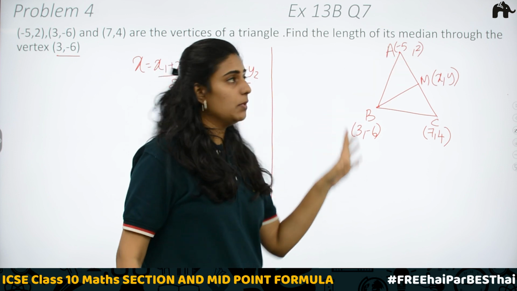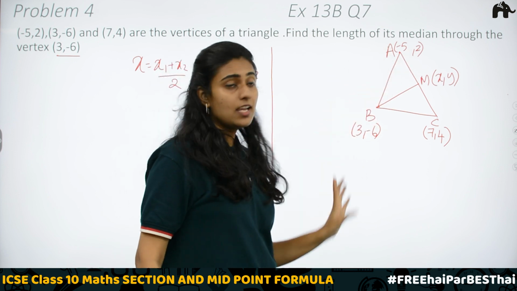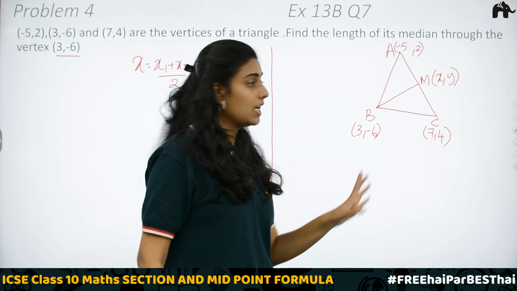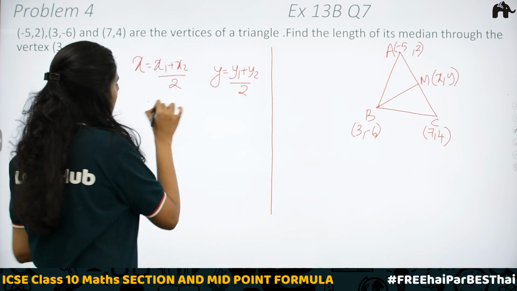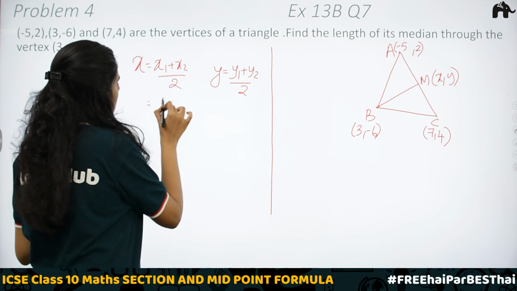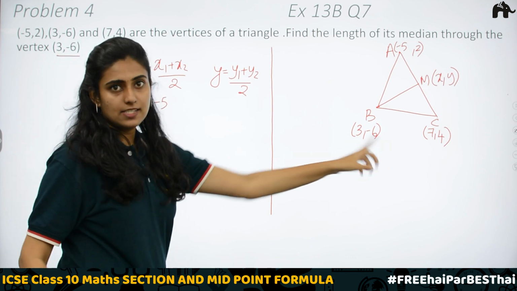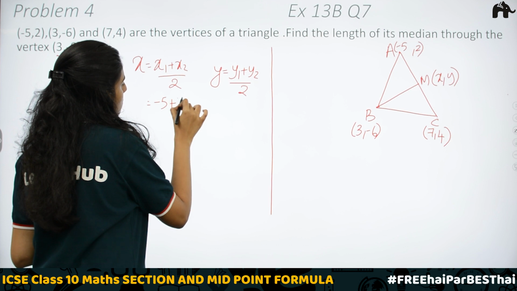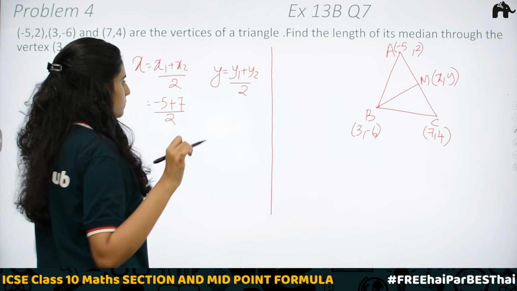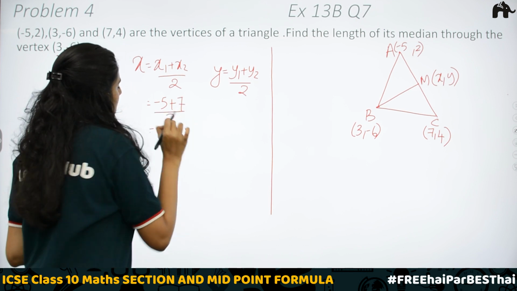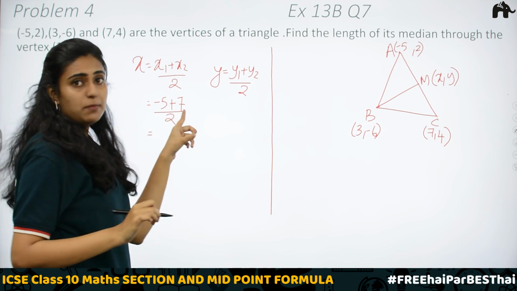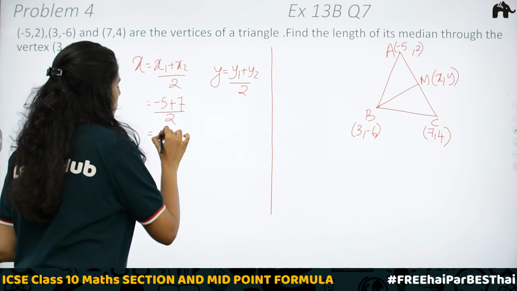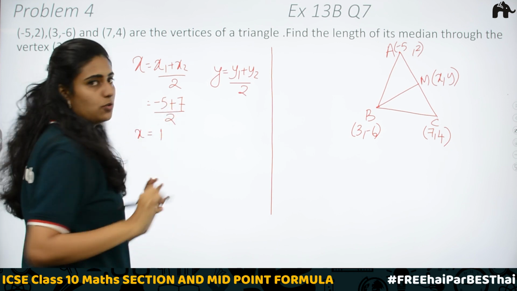Coordinates of A can be taken as x1, y1 and coordinates of C as x2, y2. Here, x1 is -5 and x2 is 7. (-5 plus 7) divided by 2. -5 plus 7 is 2, 2 divided by 2 is 1. x is equal to 1.